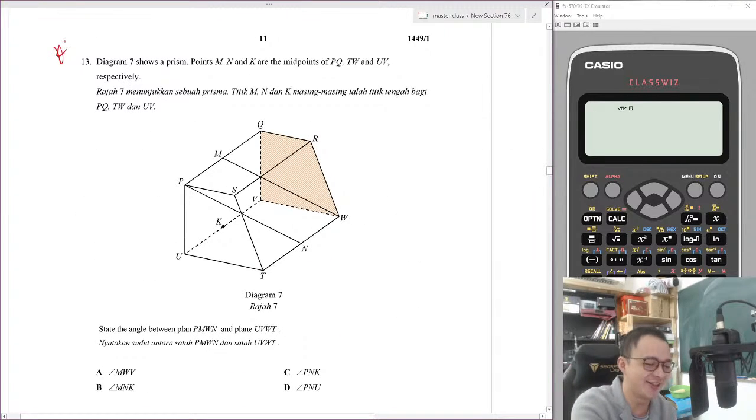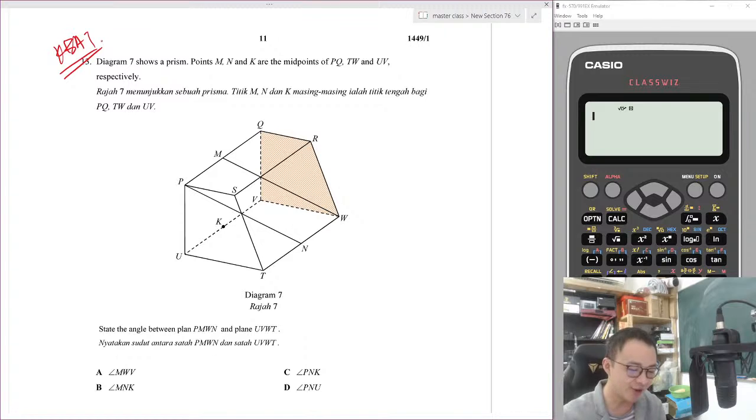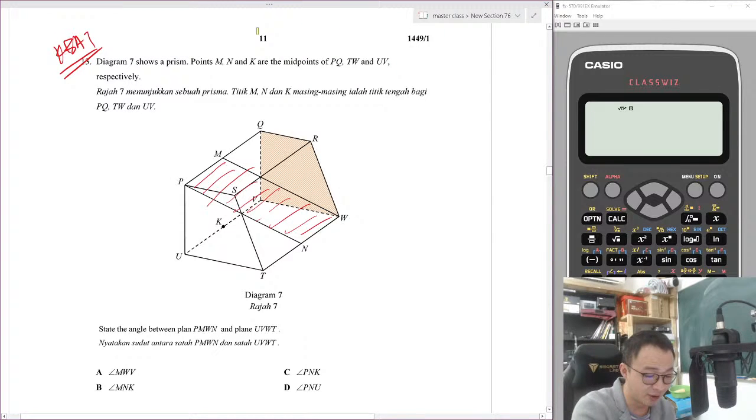Okay, this one I would say is a little bit tricky for this kind of question. They ask about this plane and another plane at the bottom, so you should be able to see both planes.